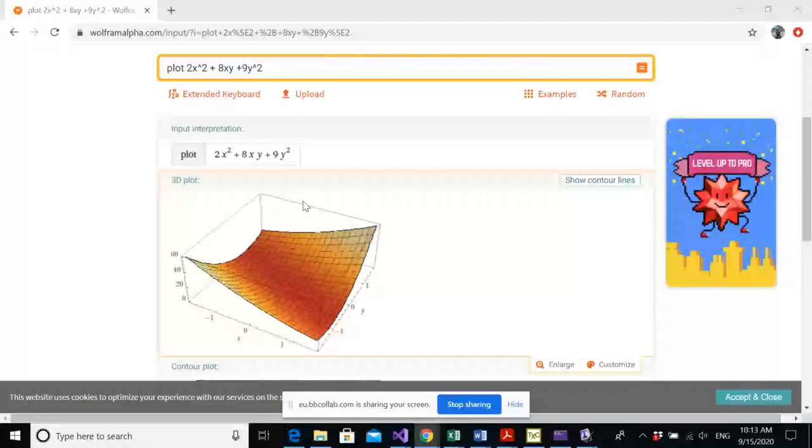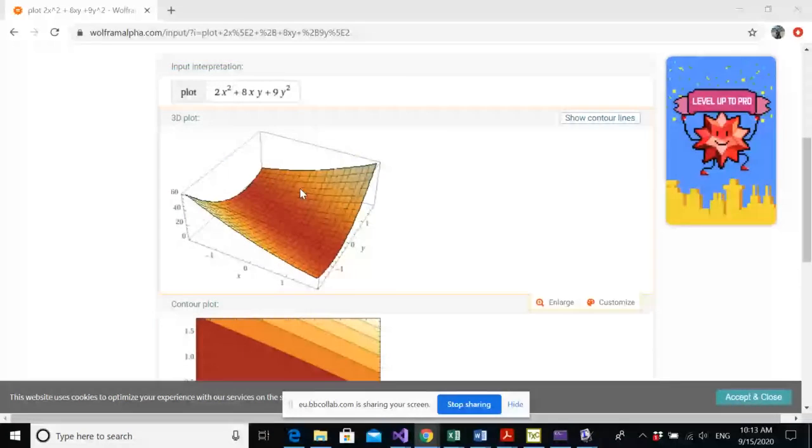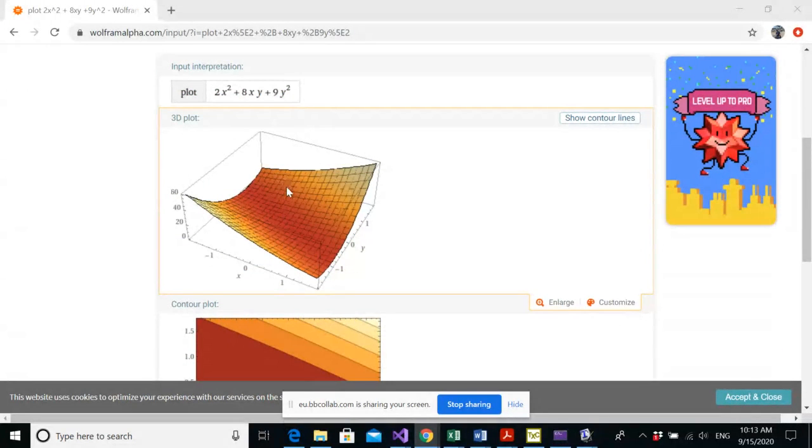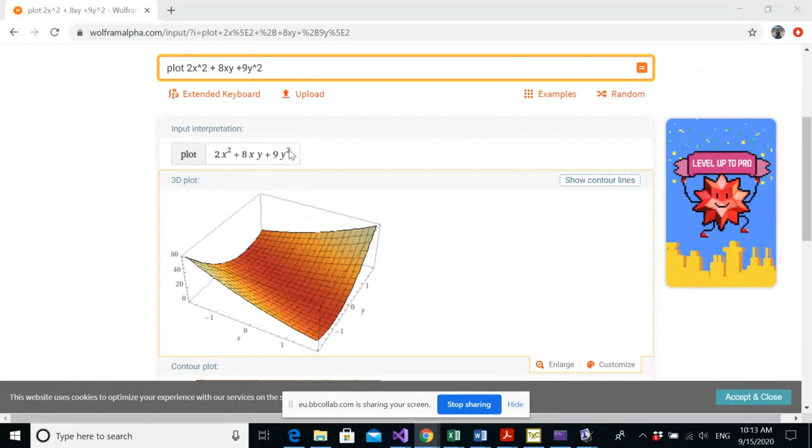Looking this way, what do you guys think? What does this represent? Kind of a volume, right? Do you think there is a minimum here for this function? Do you think it's realistic to say that it's always positive?